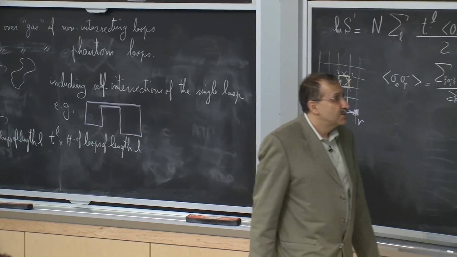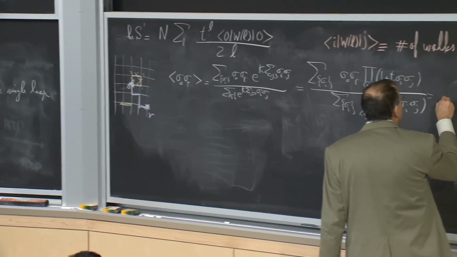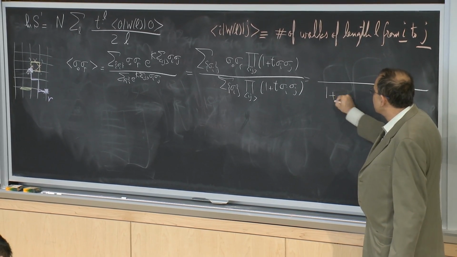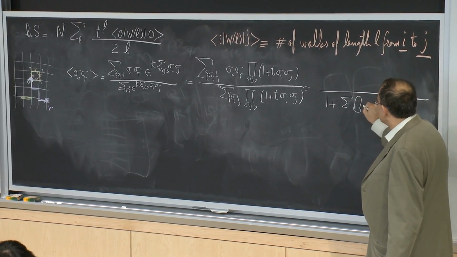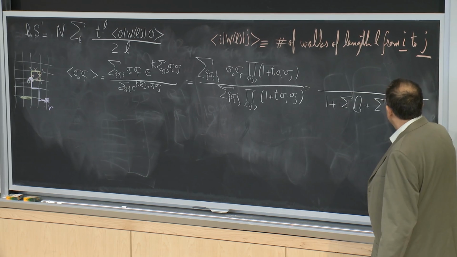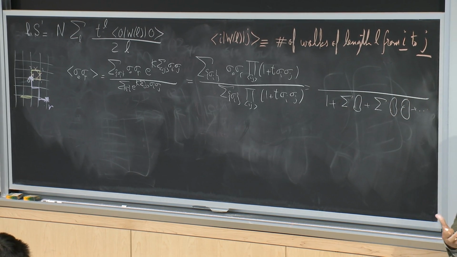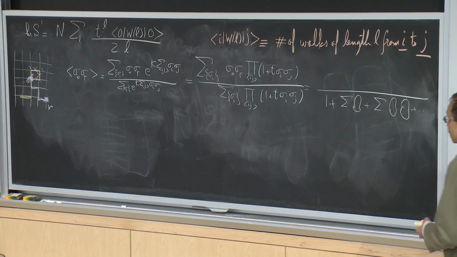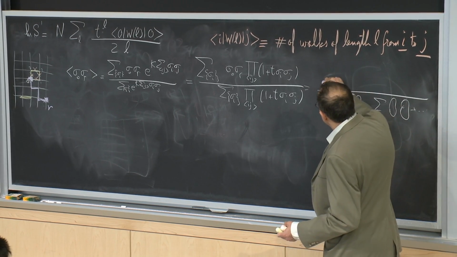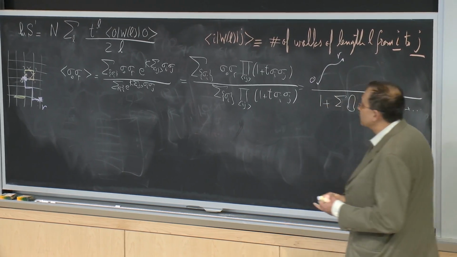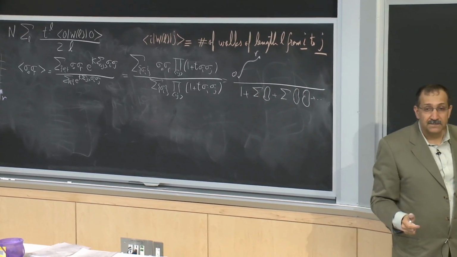In the same sense that what is appearing in the denominator is a sum that involves these loops, the first term that appears in the numerator is a path that connects 0 to r through some combination of these factors of t.